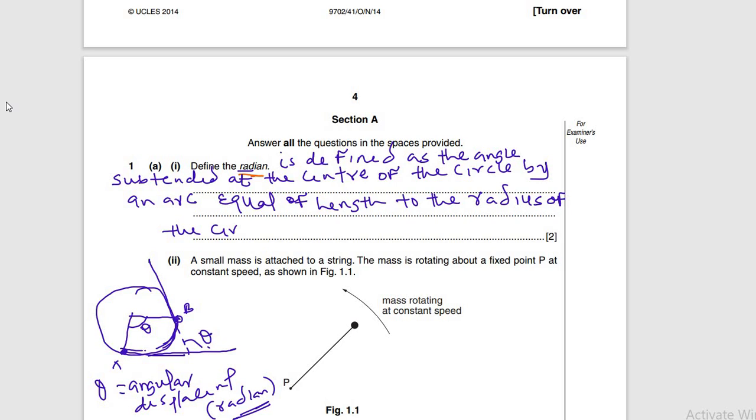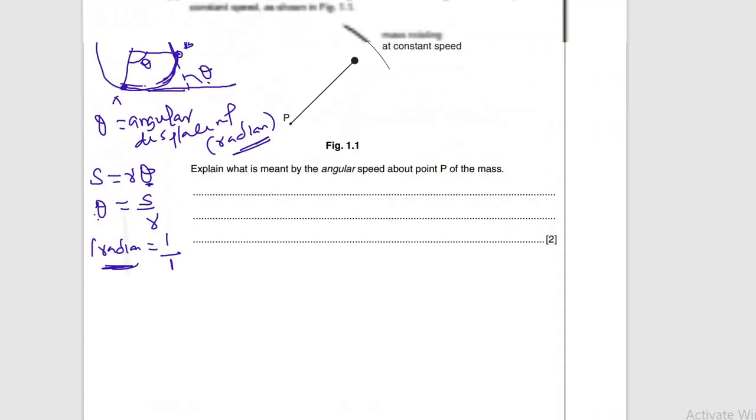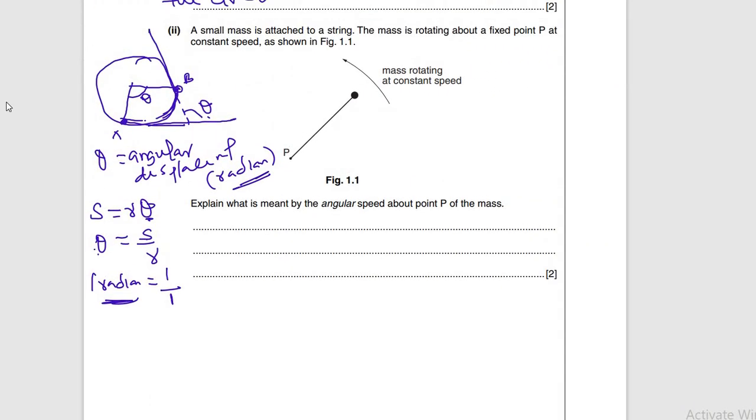With this simple logic, for us to get a radian, the length of the arc and the radius must be equal. That's it. Let's move to the next one.